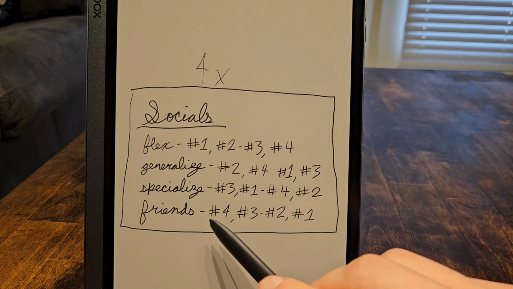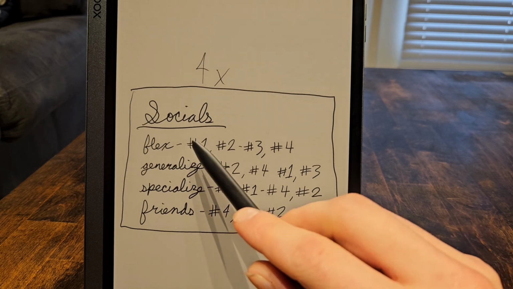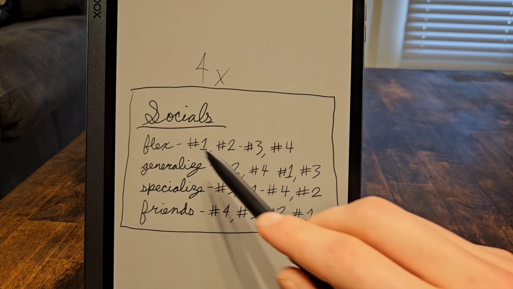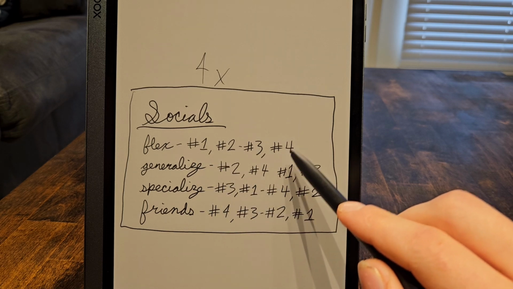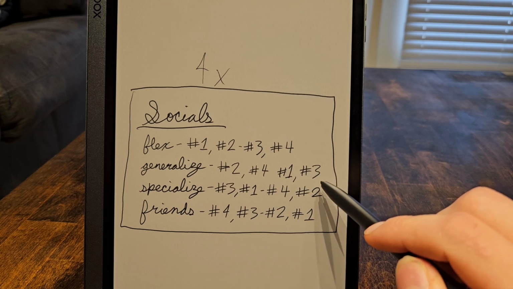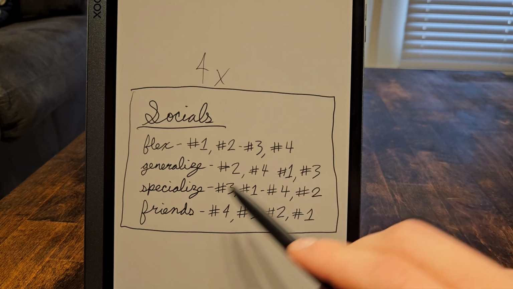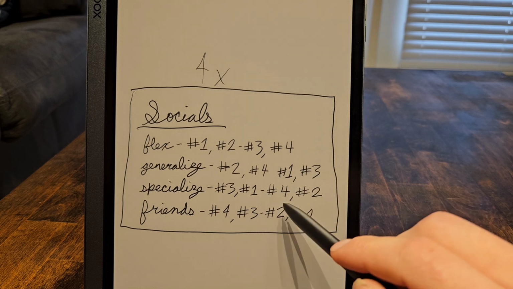And you can notice a pattern, because if you're 4 first, then you're 1 last. And if you're 1 first, then you're 4 last. And the same thing with generalize. If you're 2 first, then you're 3 last, and you have 4 and 1 in the middle. And if you're 3 first, then you're 2 last, and you have 1 and 4 in the middle, right?